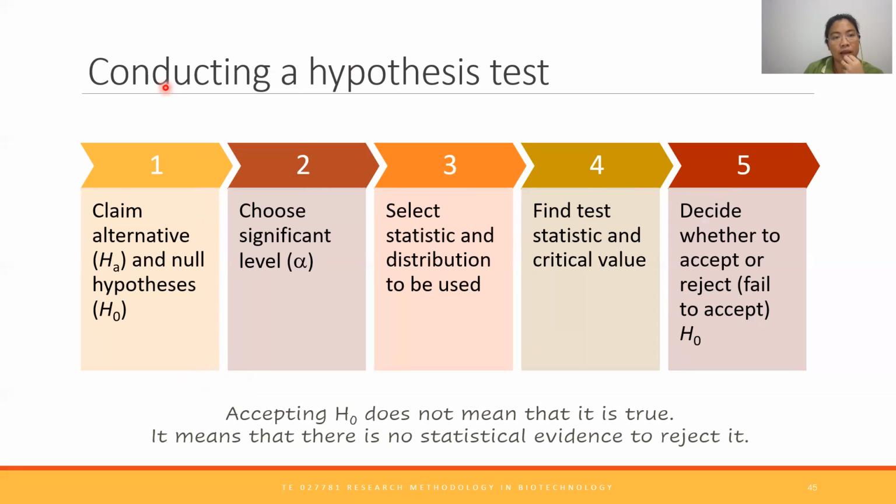So when we are conducting a hypothesis test, the first step is that if you want to test something in terms of statistics, you have to set up the alternative and null hypothesis. You want to see whether changing the level of this factor actually affects the response or not.